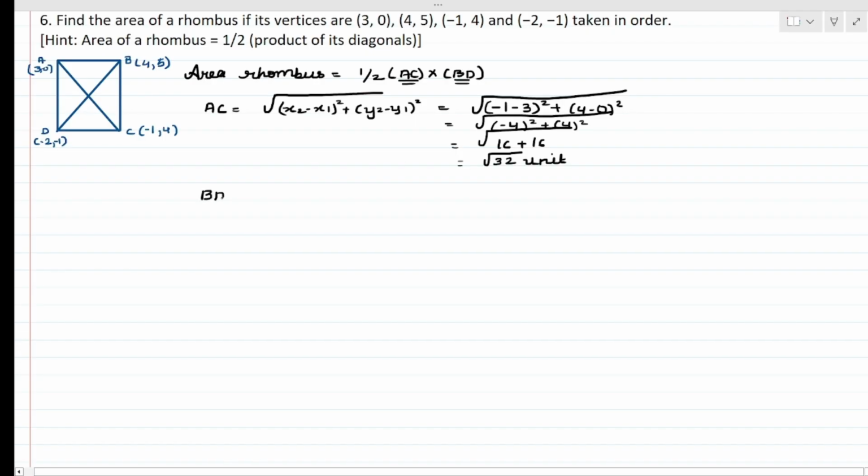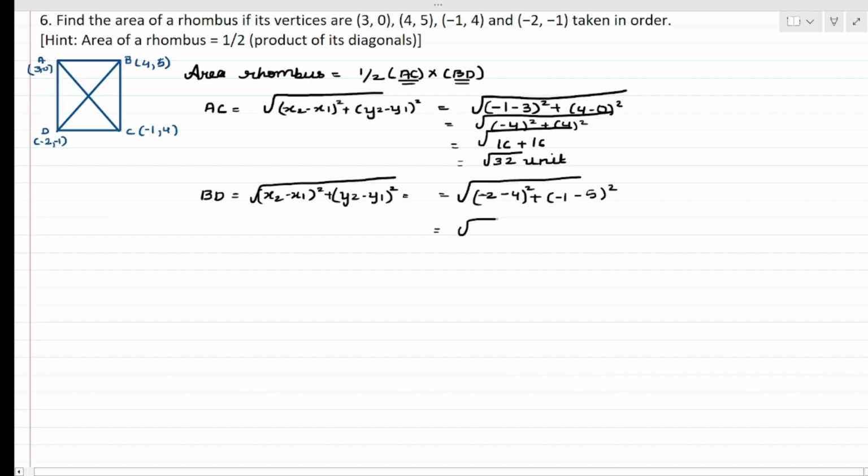In the same way for BD, apply the same distance formula: (x2 minus x1) the whole square plus (y2 minus y1) the whole square. Now substitute the values. In this case, the coordinates of D become my x2 and the coordinates of B become my x1. That means (-1 minus 4) the whole square, plus (2 minus 5) the whole square.